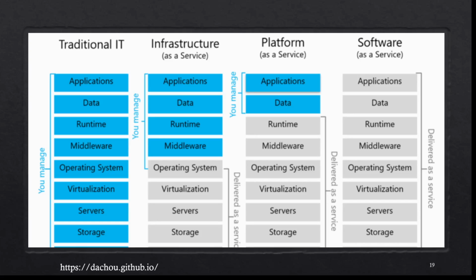Now let's consider the infrastructure as a service model. It offers you a highest level of customization and management. As you can see here, there is a possibility for you to customize the operating system, middleware, runtime, data, and then the applications.